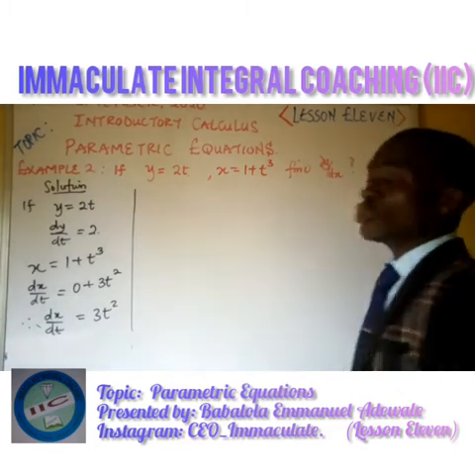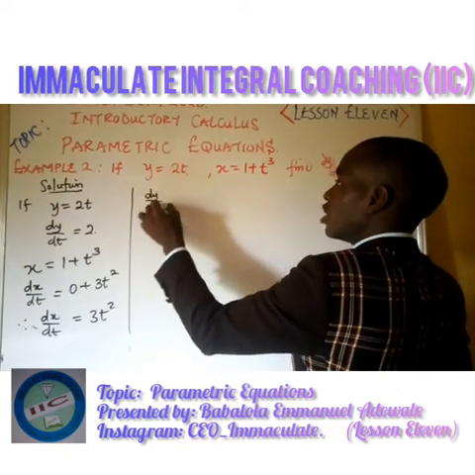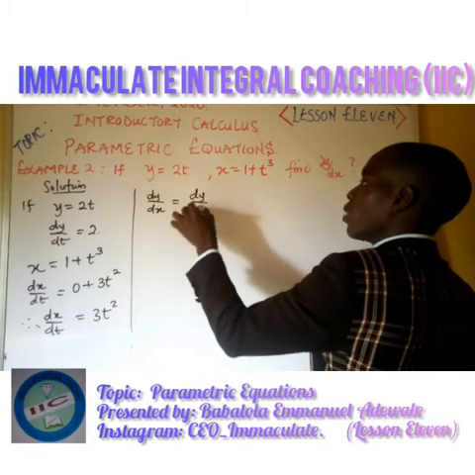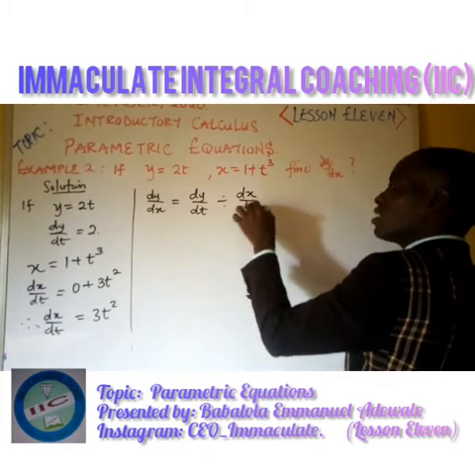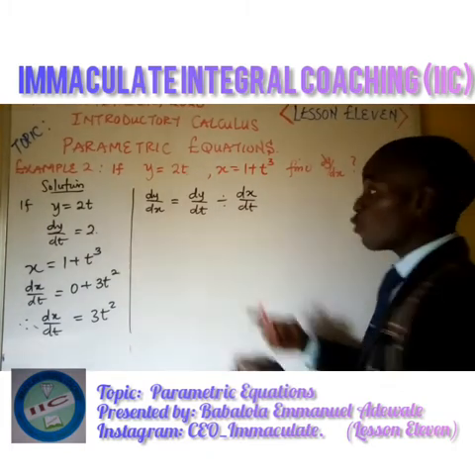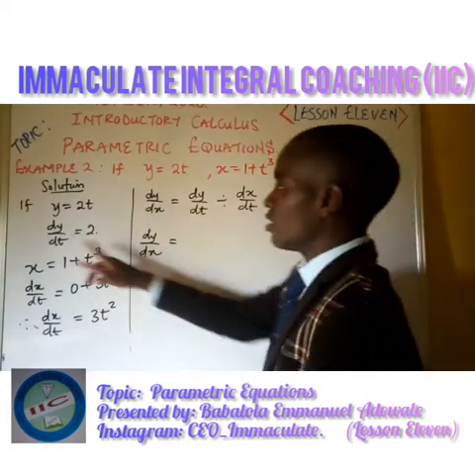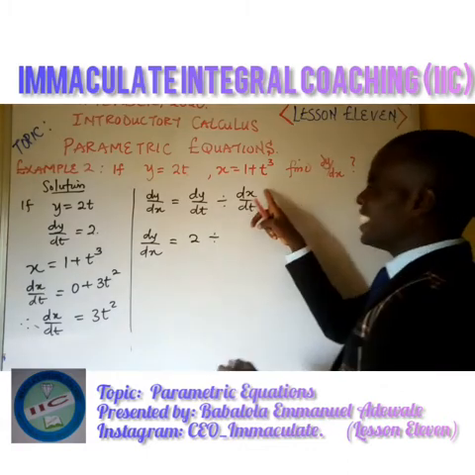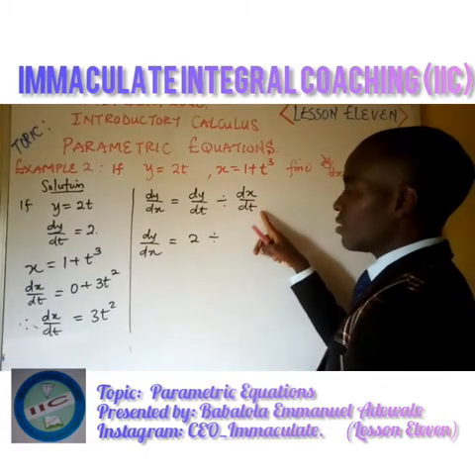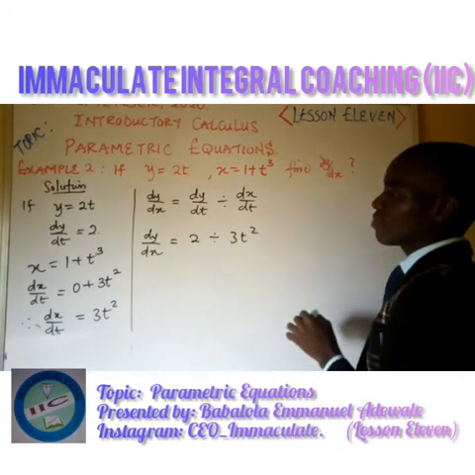So from here, we're going to apply our chain rule, which is dy/dx equals dy/dt divided by dx/dt. Our dy/dt is 2 divided by dx/dt, which is 3t squared.